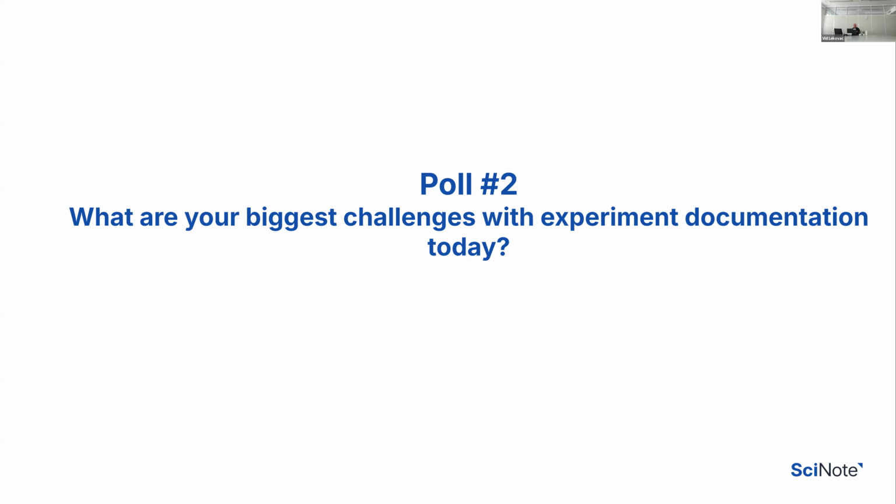And inconsistent data entry across team members. That one is something that I hear often as well. People not following the SOPs, or just how data should be input. Okay, I'll let it open for a few more seconds because we're still getting answers in, but too much time spent on documentation is still leading the way.